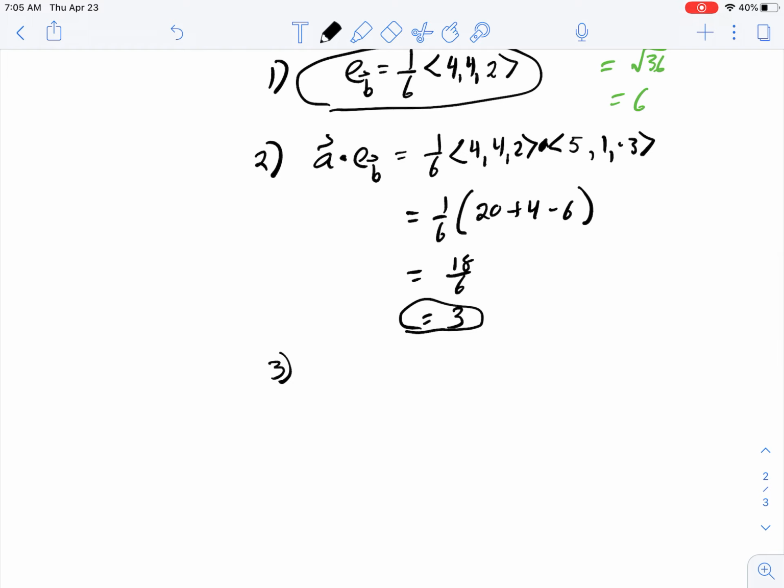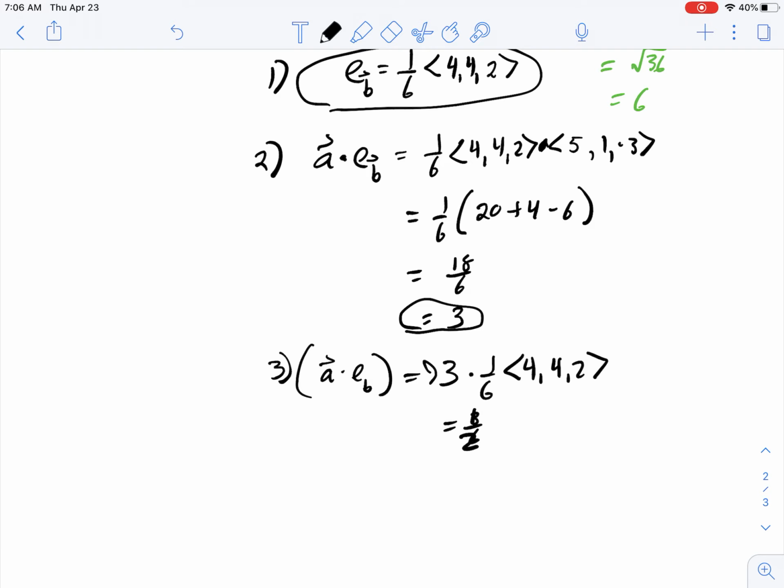So now I have A dot e of B, and I take this 3 and multiply it by 1/6 of 4, 4, 2.